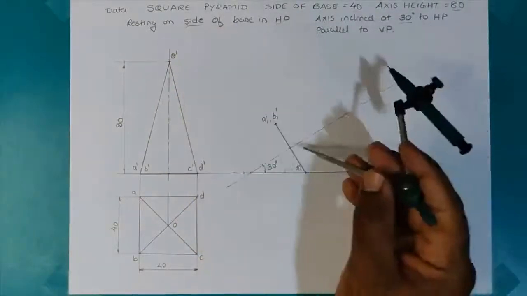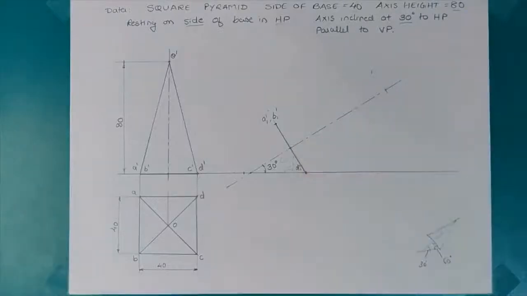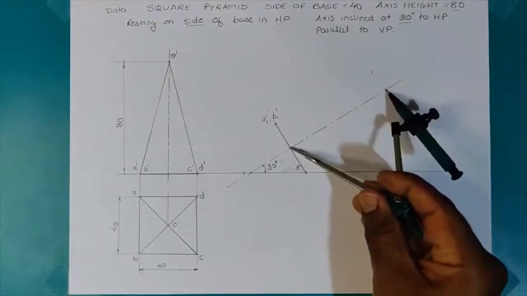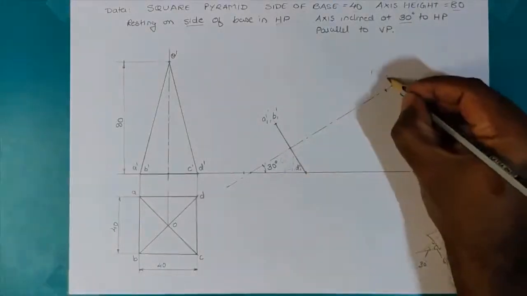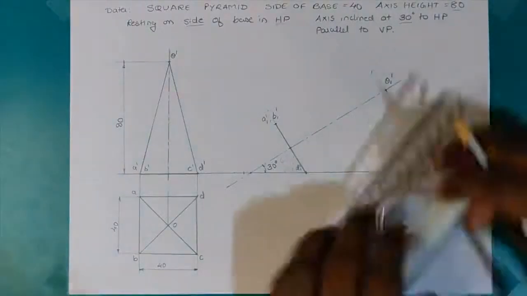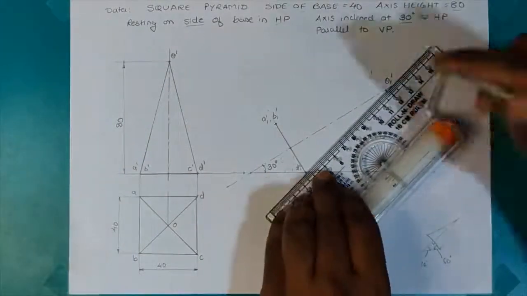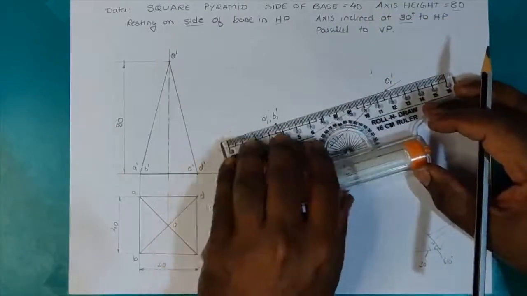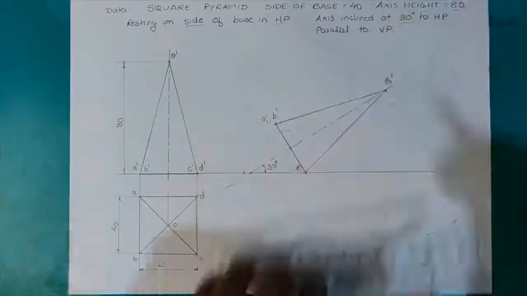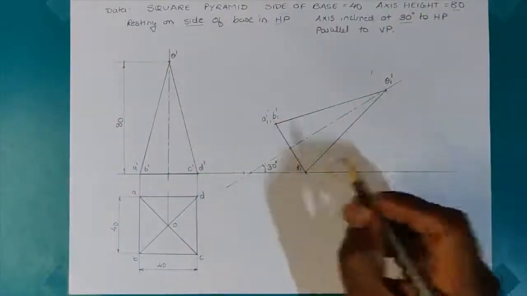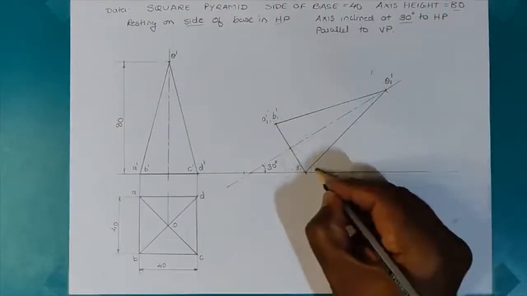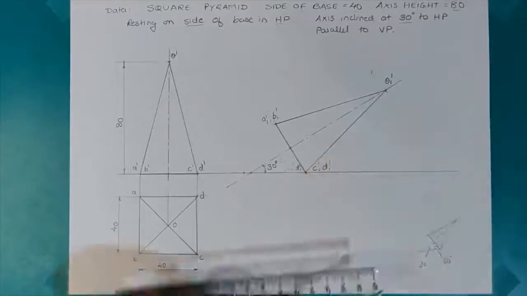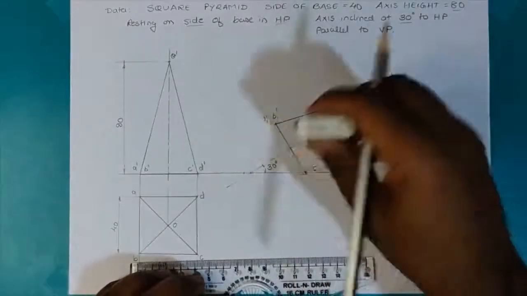I transfer the axis height onto the second step and mark it like this. I get the point O1 dash. I join it with C1 dash, D1 dash and A1 dash, B1 dash points to obtain the pyramid outline inclined at an angle of 30 degrees to the HP.